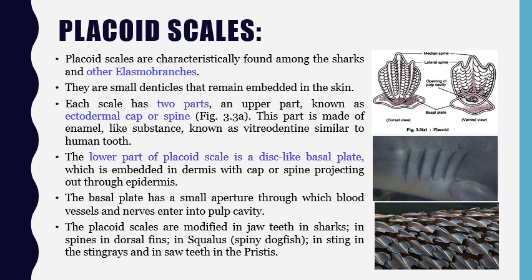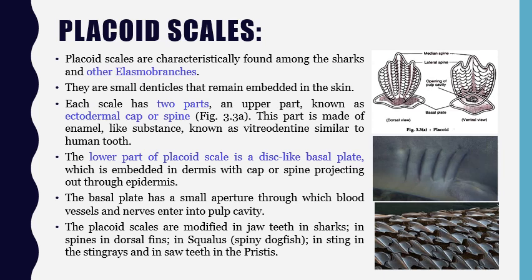These are the dermal spines. The basal plate has a small aperture through which the blood vessels and the nerves enter into the pulp cavity. This is the dorsal view, and this shows the ventral view of the placoid scale, where this is the pulp cavity where the nerves and the blood vessels are coming from the skin.